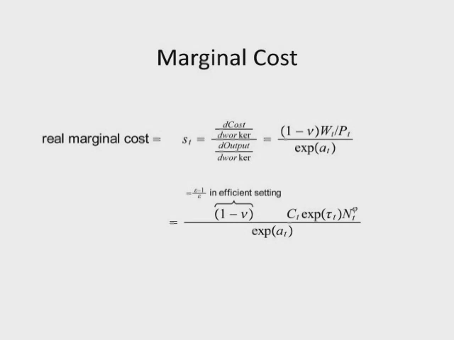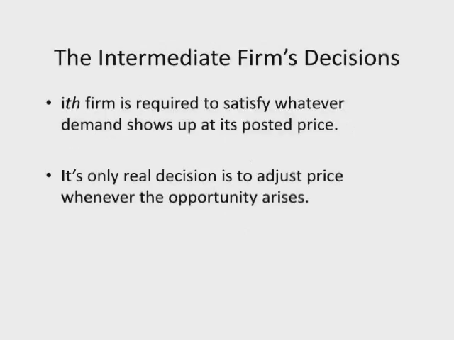Okay, so this is the definition of real marginal cost, and it includes in there the subsidy that I'm giving these people. The firm is required to satisfy whatever demand materializes at its posted price, and so the only decision this firm really has to make is how to adjust its price, and that's going to deliver other equilibrium conditions.